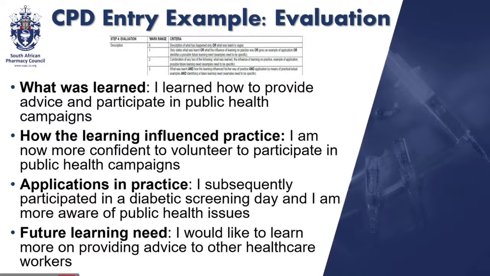Then it should be a few days later, a patient entered the pharmacy and requested treatment for diarrhea, and I was able to apply my knowledge and to provide pharmacist-initiated therapy. So it must be applicable to the competency standard, the new skill that you have acquired.